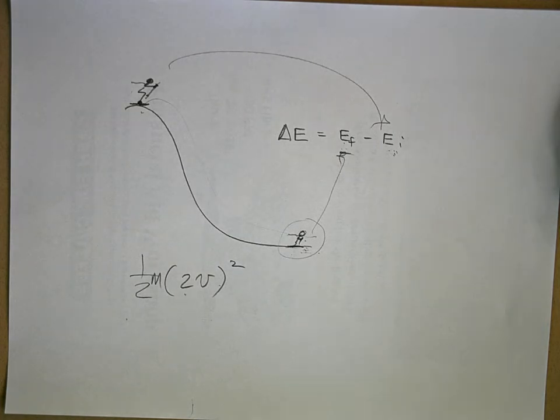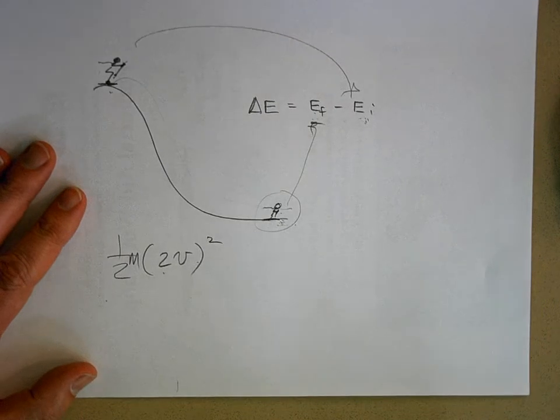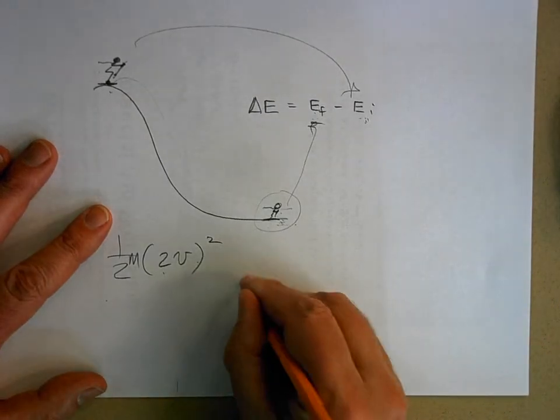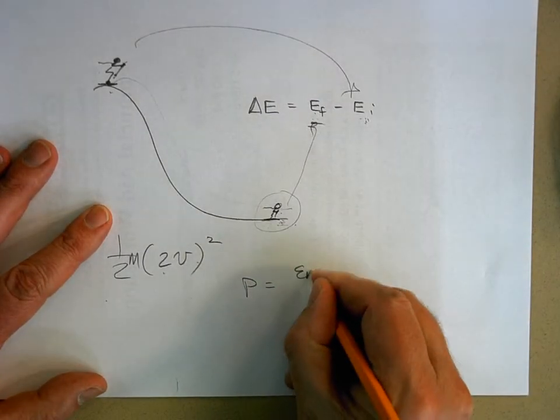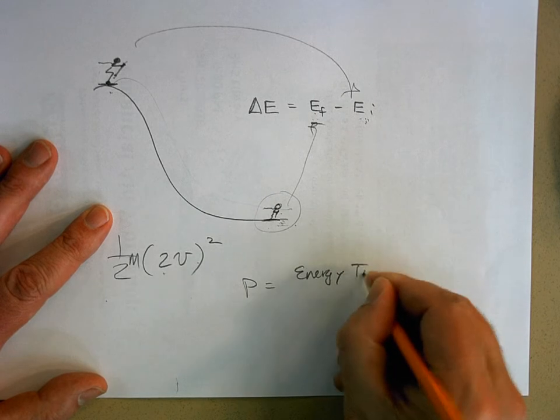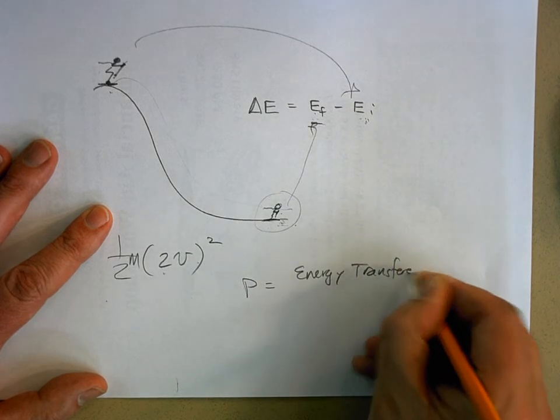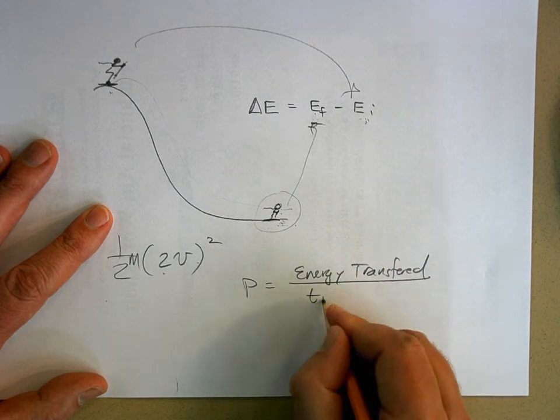Let's see. Covered that. I think we've covered just about everything. Make sure you understand the units for work and energy and power. There are some power problems. Oh, I didn't mention power yet. Power equals the energy transferred divided by the time it took to transfer that energy.